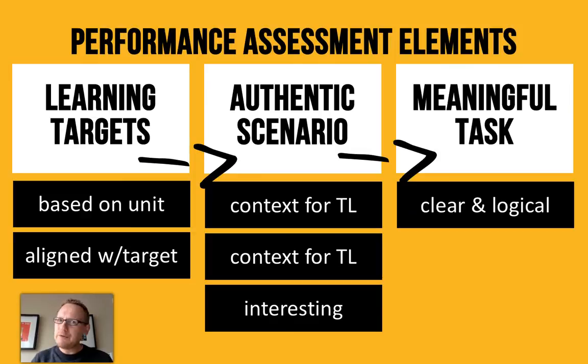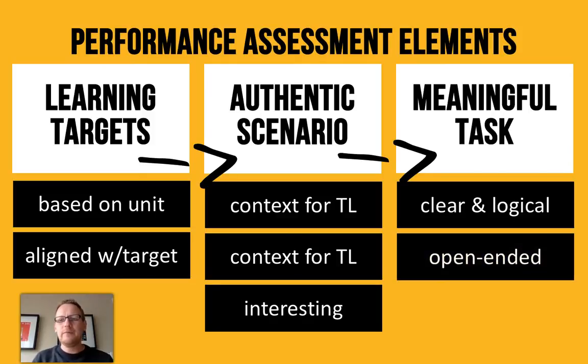Teachers, let's be honest, we can make these things very, very complicated and have step 3, step 4, step 5, but think about clear, logical language. And again, that task should be open-ended to allow those students to go above and beyond the minimal expectations. So that's a structure for a performance assessment, going from the learning targets of a unit all the way to the meaningful task.